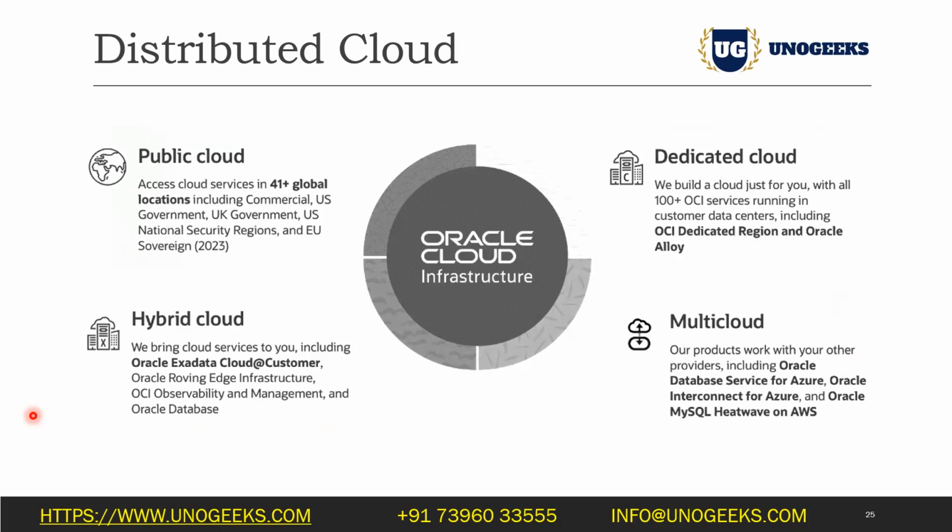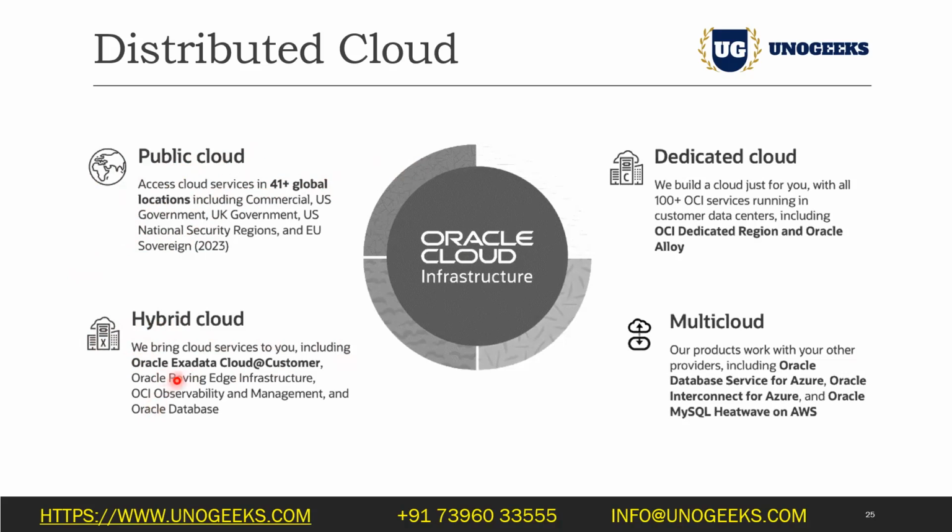So moving on with the distributed cloud, I mean, the customers can get Oracle Cloud services in different ways. They can get the cloud services using the public cloud, where they have the services in 41 global regions. So we saw that there are so many global regions. Or they can go with a hybrid cloud service where they have a dedicated cloud region like DRCC.